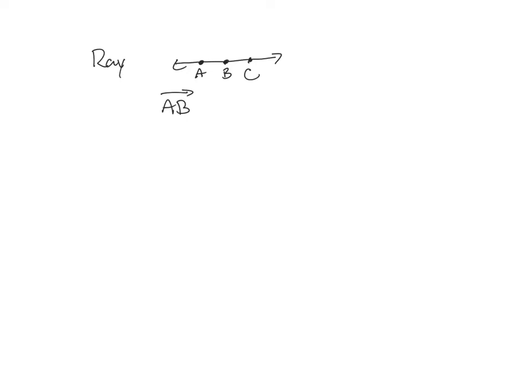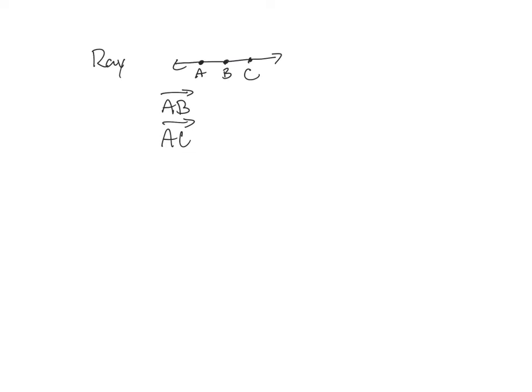Notice there's an arrow on one side and not on the other. What we're saying is starting at point A and going toward point B forever. So if I said AB, starting at A, going toward B forever, and I also said AC, those are really the same part of that line because they both start at A and they both go in the same direction.